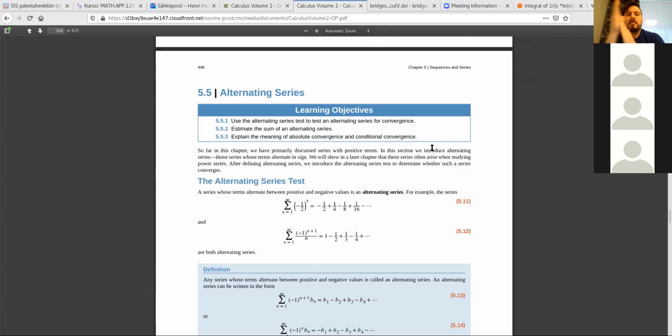This often happens when we have something to the power of n and that something is negative. It's actually quite common in certain situations for a series to have -1 to the power of n. One situation where this might happen is when you approximate trigonometric functions, the sine or the cosine function.